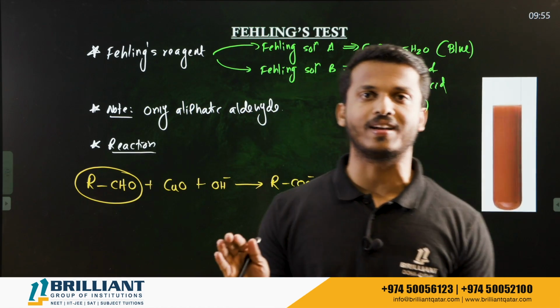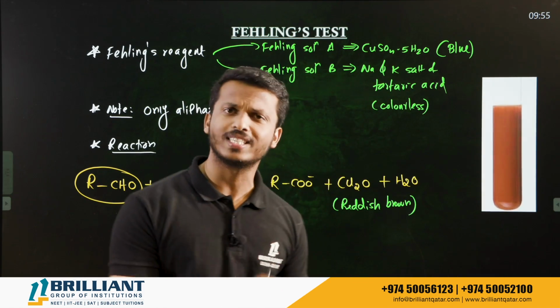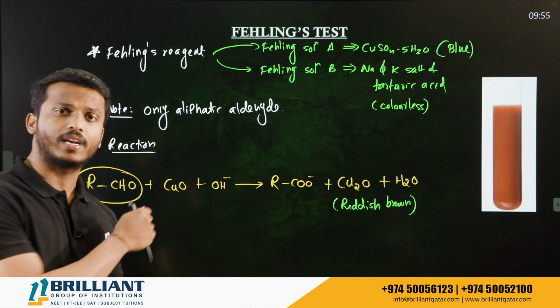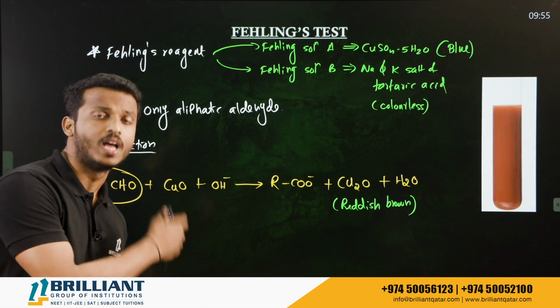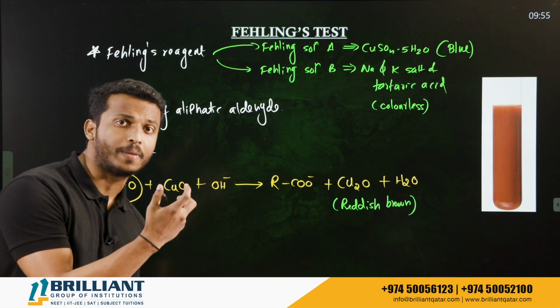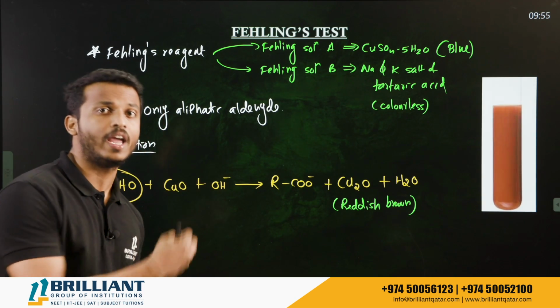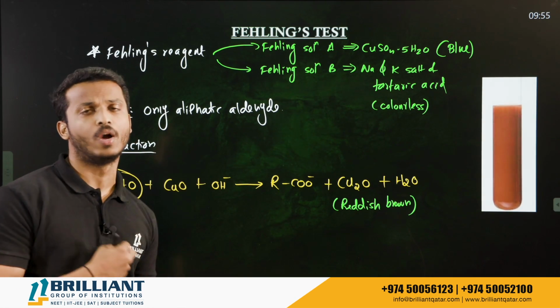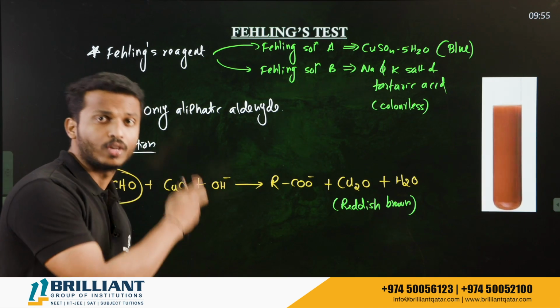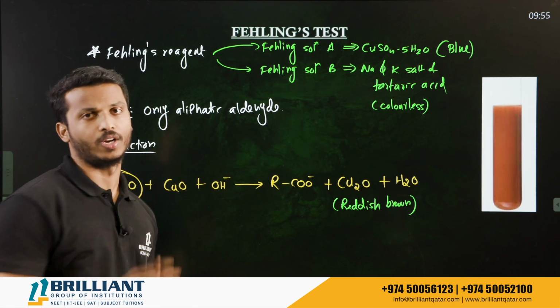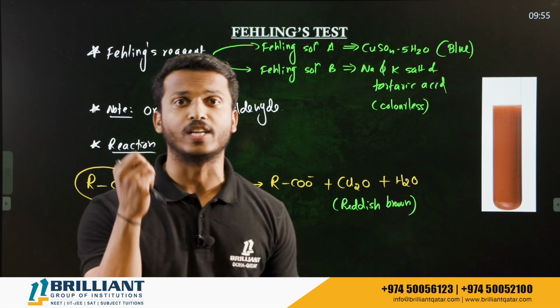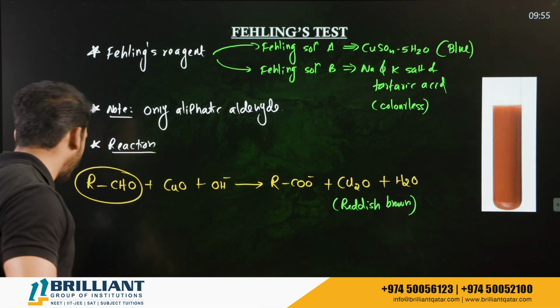Only aliphatic aldehydes will give this test. What is the test? When the aldehyde is treated with CuO, which you get by the combination of Fehling solution A and B in the presence of a base, OH minus, what you get is the acid, cuprous oxide and water. What is the color of cuprous oxide? Reddish brown.